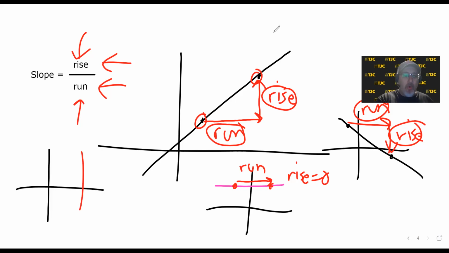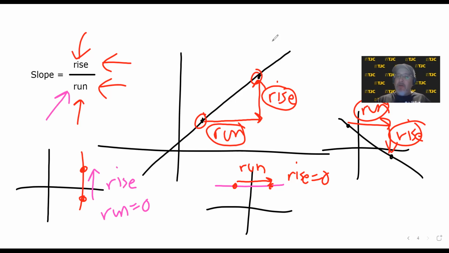If we pick a couple of points on a vertical line and we try to rise and run, we would only rise, but the run would equal 0 because we wouldn't go left to right to get from the first point to the second point. Well, if the run is 0, that means the bottom of the fraction is 0, which means the fraction is undefined.